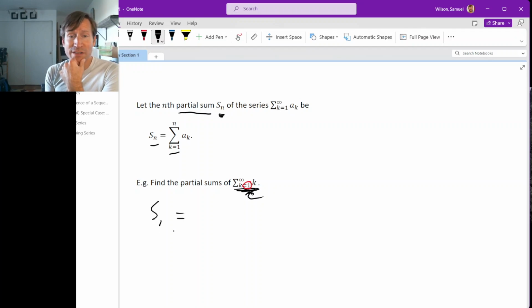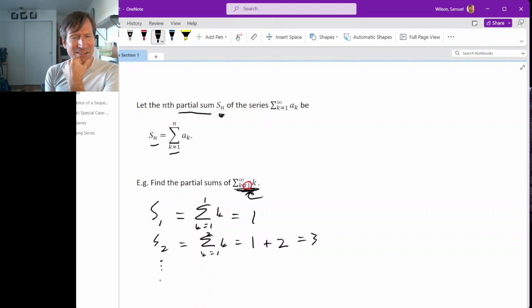So S sub 1 is the sum from k equals 1 to 1 of k. There's only one term in this sum. That's just 1. And then S sub 2 is the sum from k equals 1 to 2 of k. That's the first two terms, 1 plus 2, that's 3. And so on.